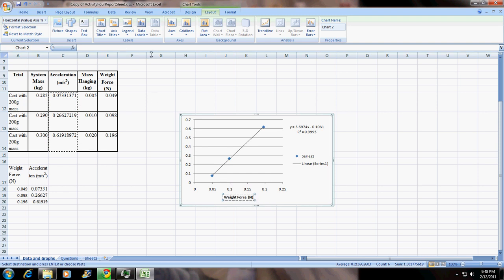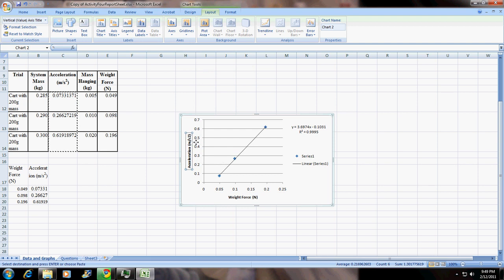Okay. Then I go to axis title, vertical. I'm going to do a rotated title. Okay, so I'm going to highlight those, and that is going to be the acceleration, and that's going to be in meters per second squared.